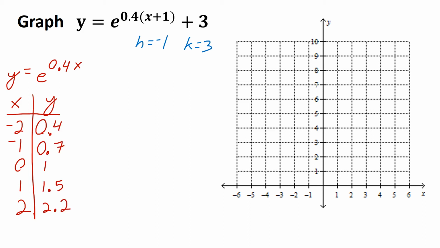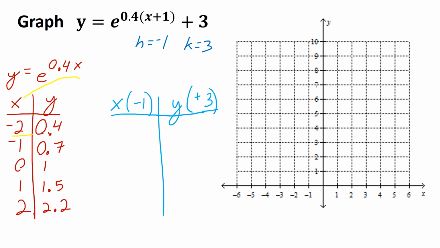Here are the values, and now I can make an xy table for the function we want to graph. And I'm going to use all the previous ordered pairs, but for example, if I want to use that -2 over here, I'm going to subtract 1 from it.